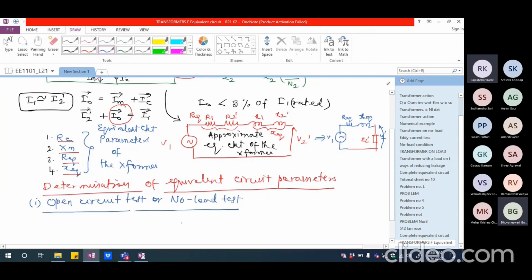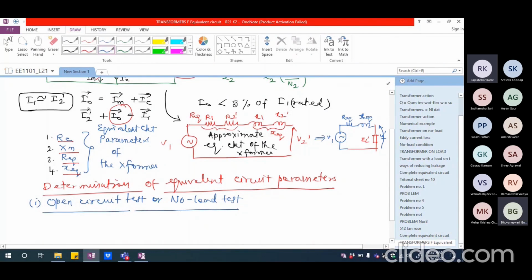Whenever we are talking about a very large transformer that is generally used in a power station, let us say I have a 500 MVA generator. Along with the 500 MVA generator, there will be a 500 MVA transformer, because it has to transport all the power to the transmission line and eventually it will reach the consumers. So you are normally going to see extremely large rated transformers being employed in power stations.